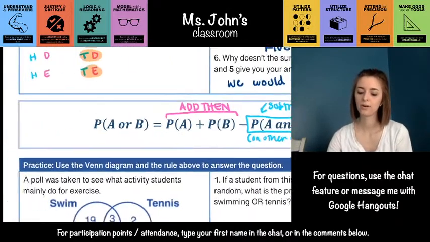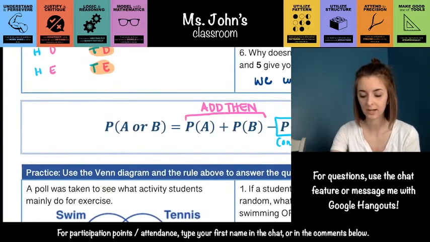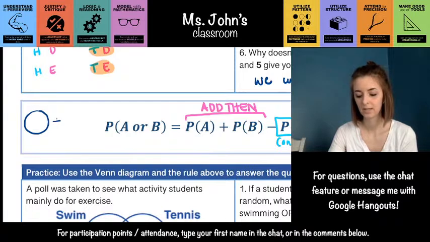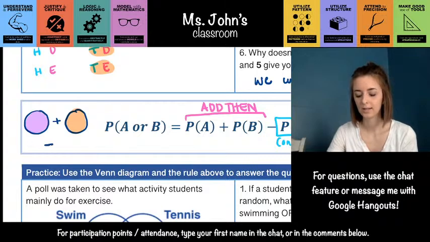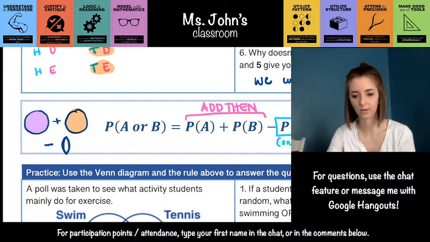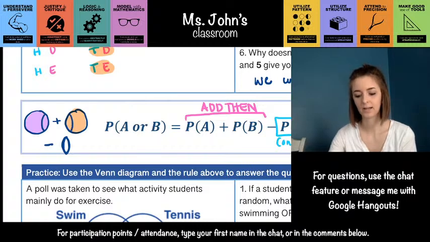If I were to draw a picture, it's essentially like we're counting, like this is a separated Venn diagram, right? We're counting both probabilities, the probability of that happening and the probability of that happening. And then we take away the middle section where both are happening so that we don't double count them, because we just counted them here and we counted them here, right?